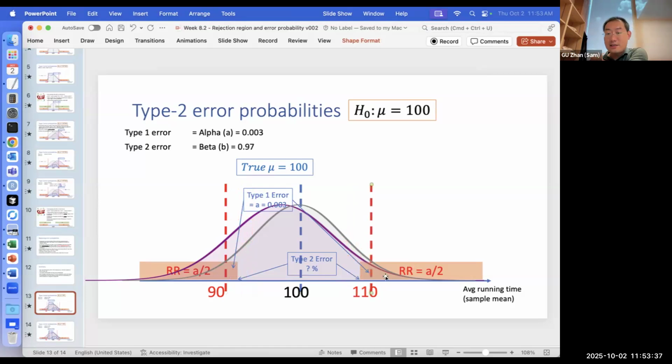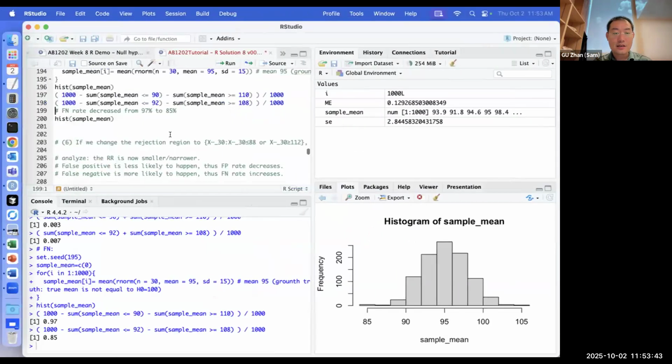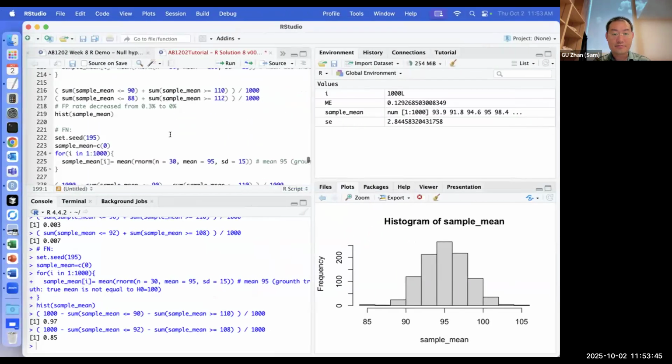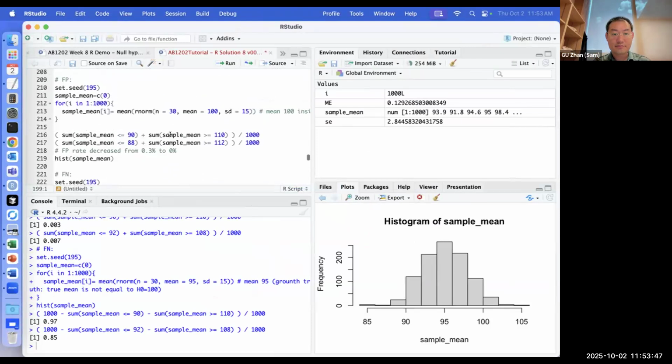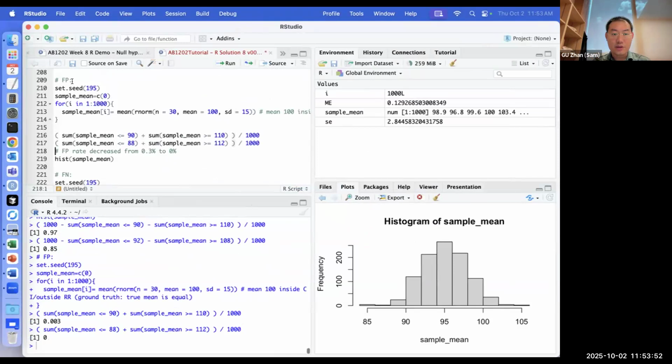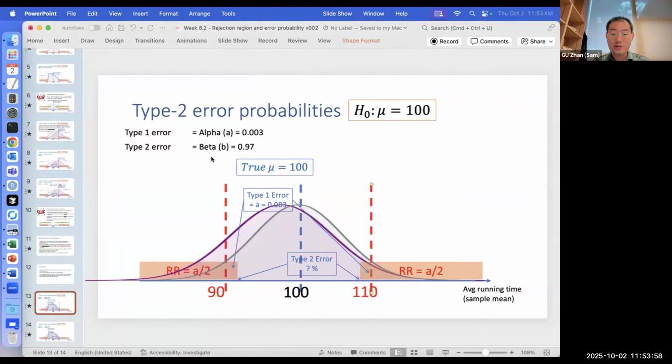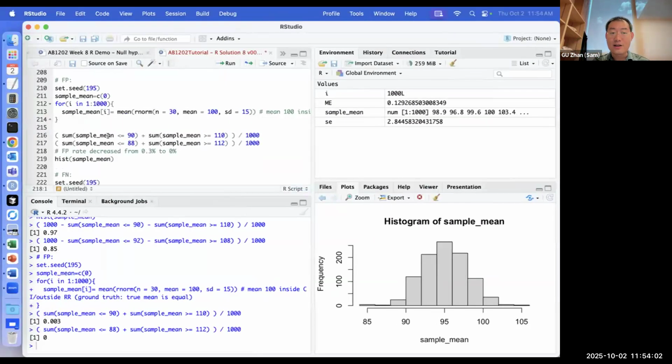So your type 1 error will get smaller, and your type 2 error will get larger. That's quite obvious. Now let's look at that. Your type 1 error earlier is already pretty small, 0.3%. When you make this rejection region smaller, it will go down even further.